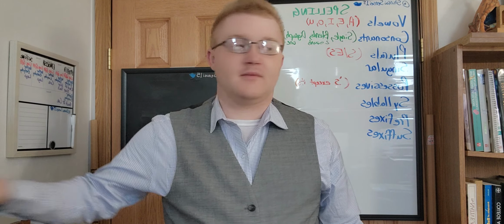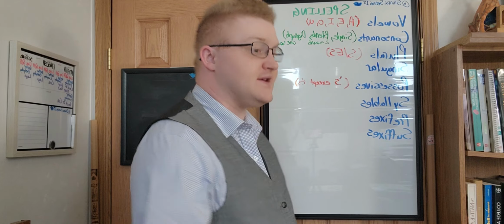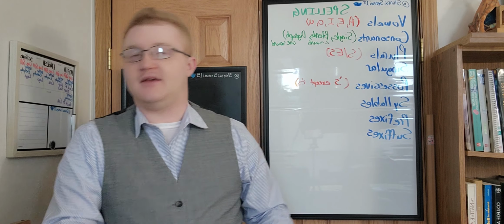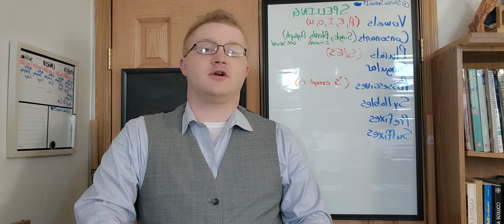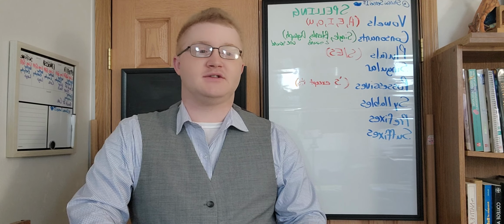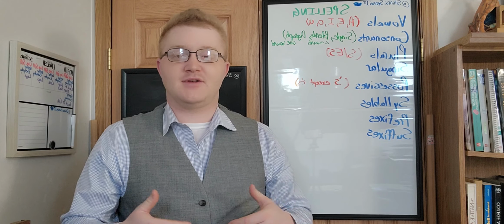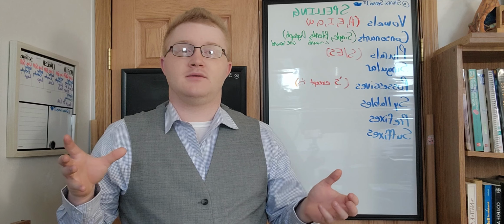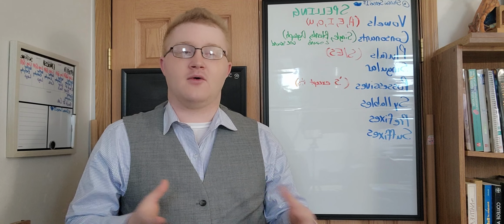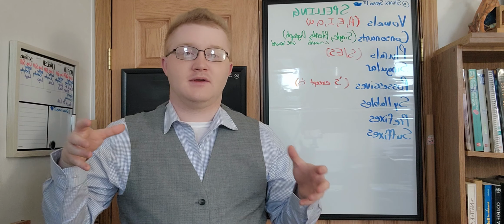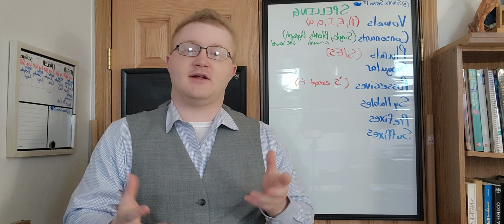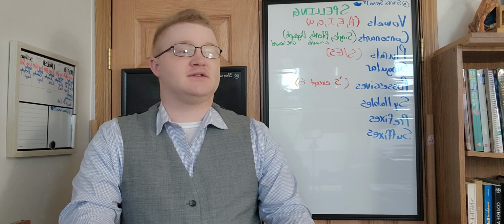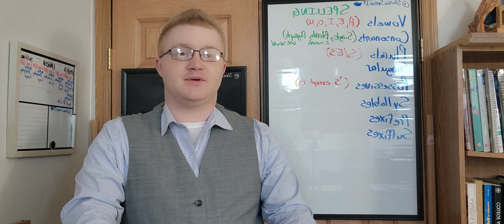All right. Now, moving on to possessives. Possessive is, as the word possess means, to have something or to have ownership over or to have in your grasp, something like that. Possess is showing ownership, right?